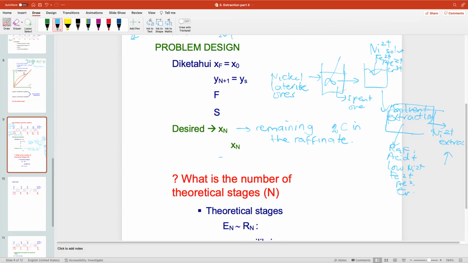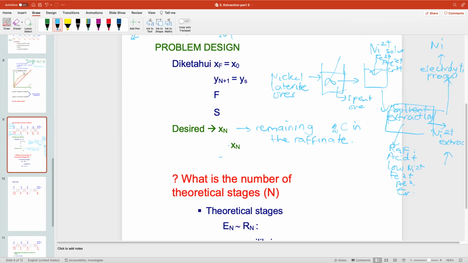But the nickel that I can process later on, like in the electrolytic process, or we call it electrowinning, to get the nickel metal, is only maybe 99% of the initial nickel that I have.